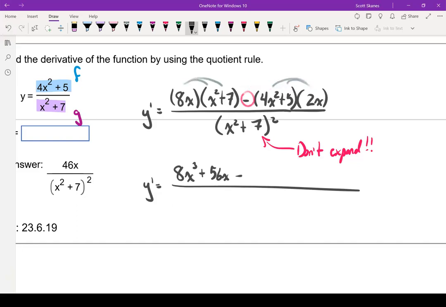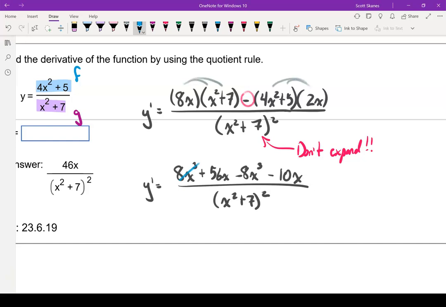You should get negative 8x cubed, and negative 1 times 5 times 2x is negative 10x, I think. Certainly hope that's right. And then on bottom we have x squared plus 7, all to the power 2. So things should cancel, and we will get 56x minus 10x is 46x, and x squared plus 7 all squared. That's our final answer.